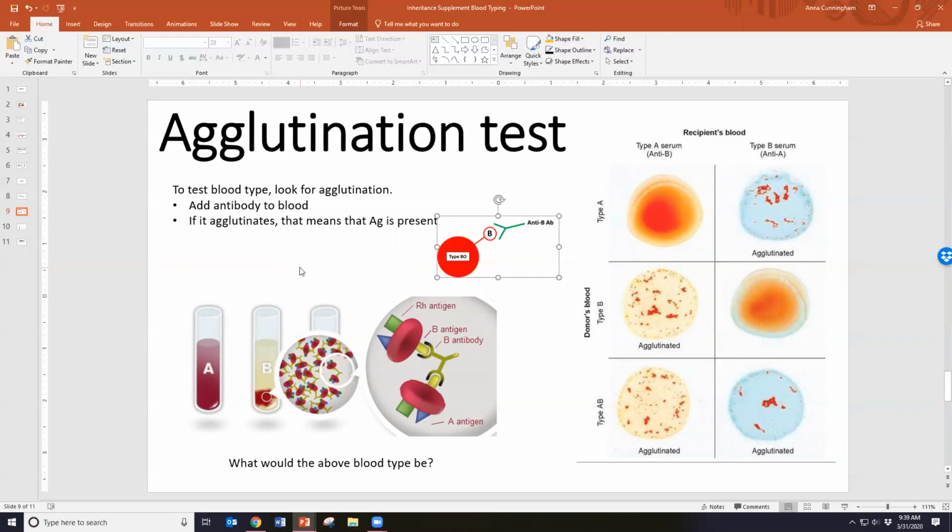And those antibodies recognize that thing that does not belong. So antibodies recognize their compatible antigens. If you have B antibodies, those recognize B blood, all right? So we can use this knowledge to determine the blood type of a person.